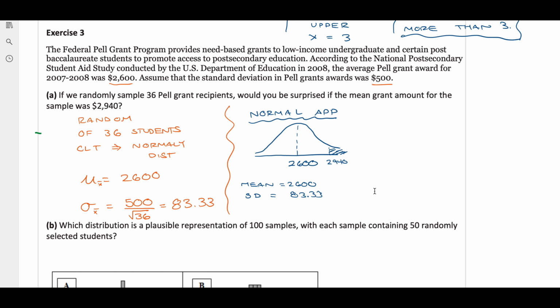Why did I use upper? Because $2,940 seems unusually high. So I'm using the upper bound to figure out if this is unusual, all the samples that would have a value of more than 2,940.